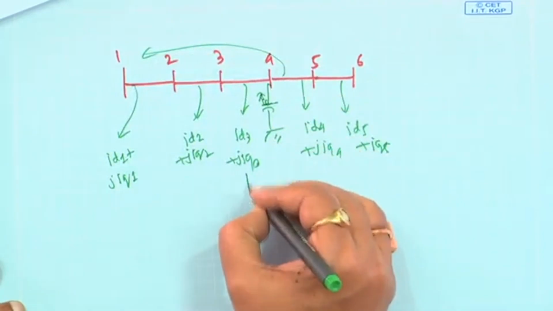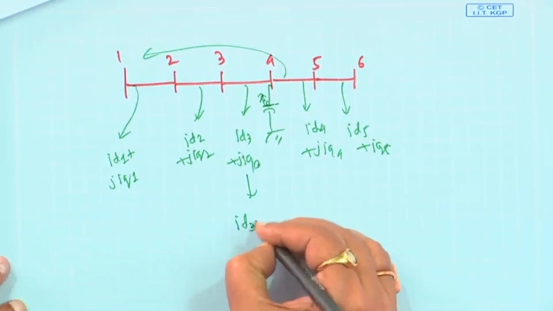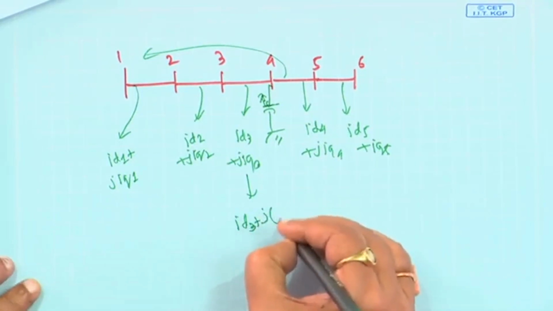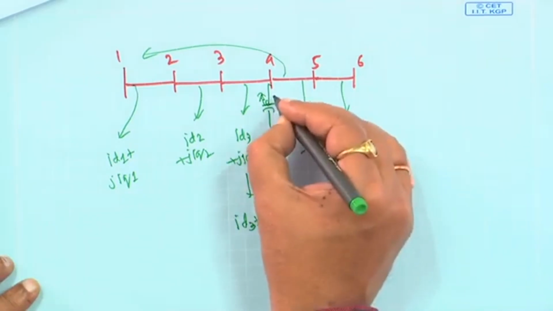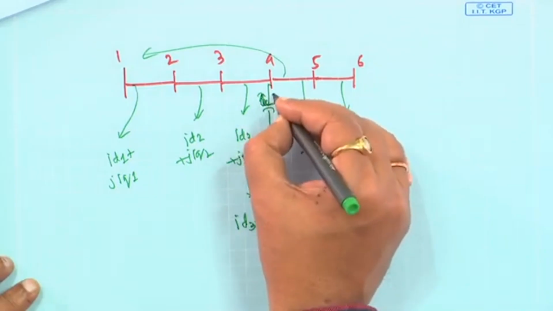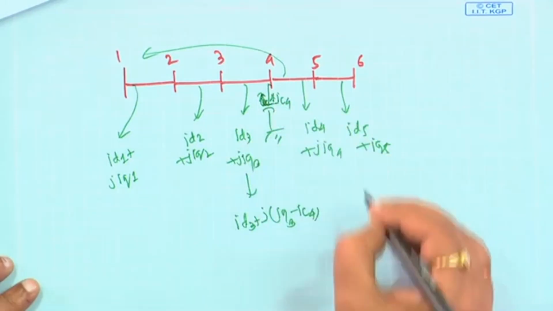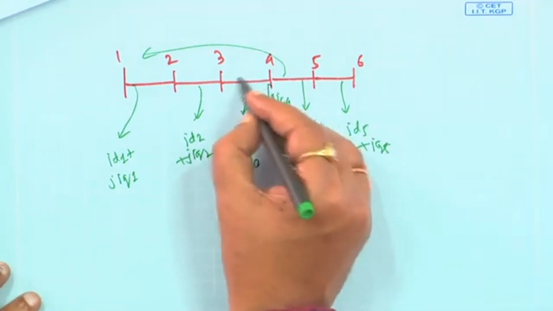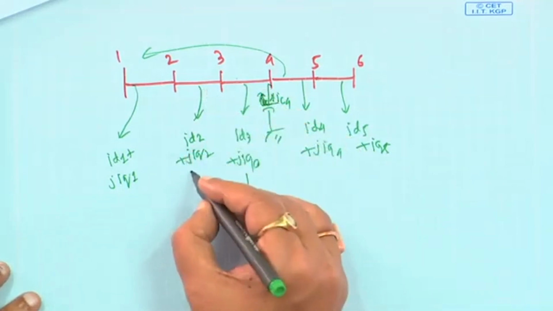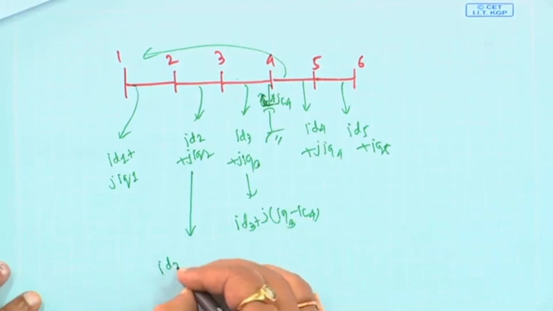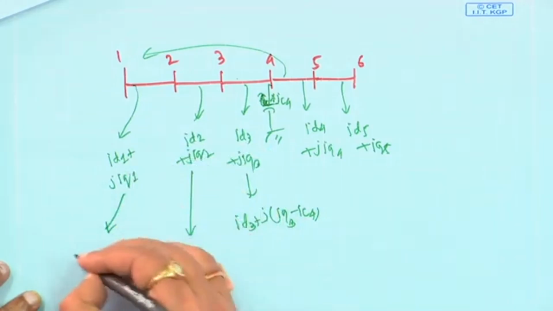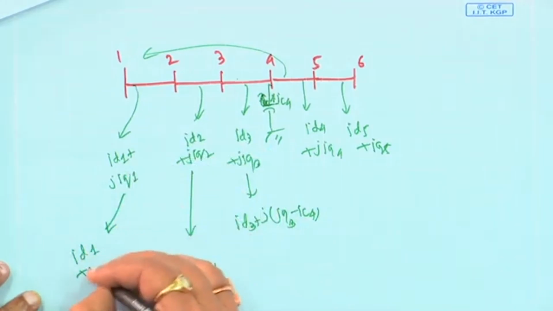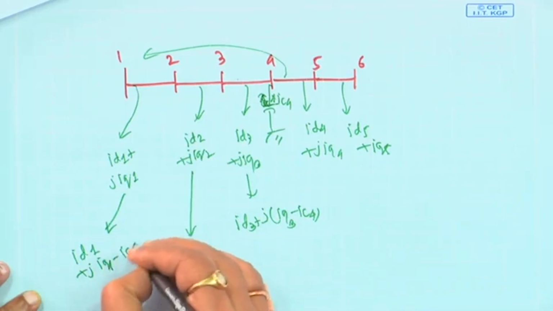I told you this current will be moving like this. So ultimately this branch effective current will be ID3 plus j IQ3 minus IC4. I can call the capacitor current IC4, because this current will be flowing this way. Then this current becomes ID2 plus j IQ2 minus IC4, and when it comes here, it becomes ID1 plus j IQ1 minus IC4.